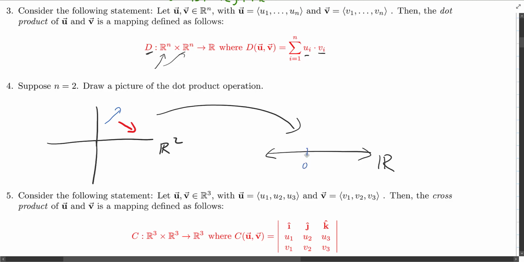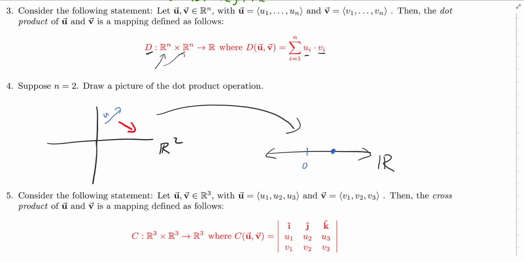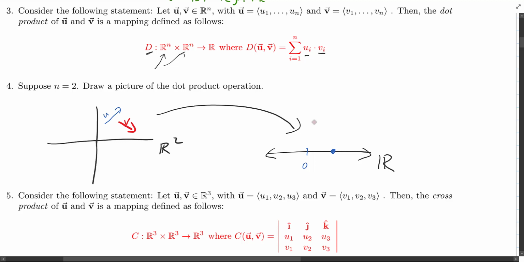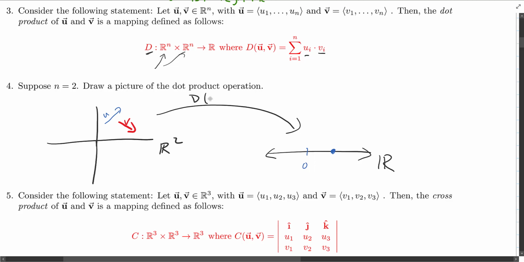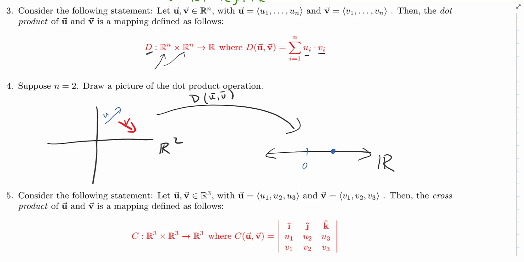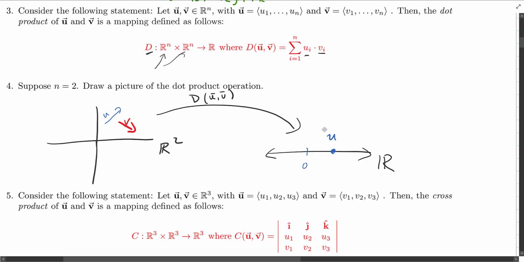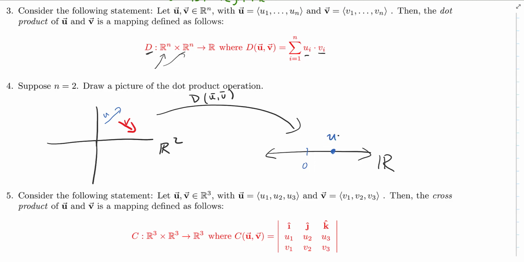If here's 0 on the number line, it's going to output some number here, where that number is simply the dot product of these two vectors. Let's say we call this one u and we call this one v. Then if we did the dot product of u and v, it's going to output the number that we get when we take u dotted with v.